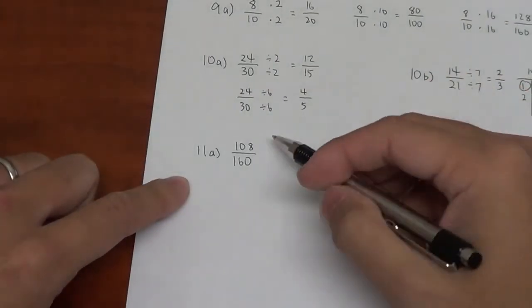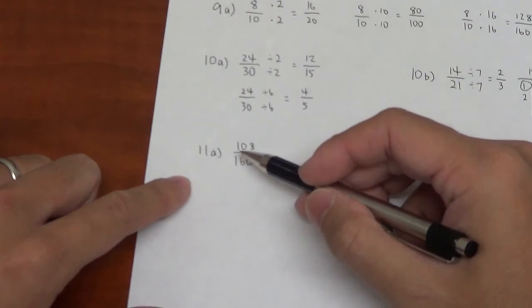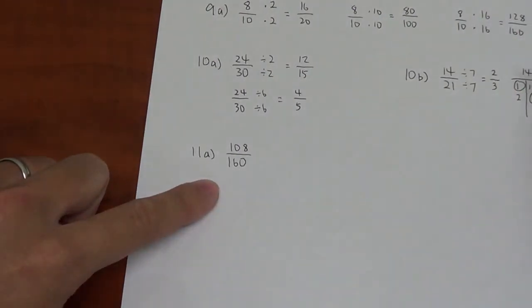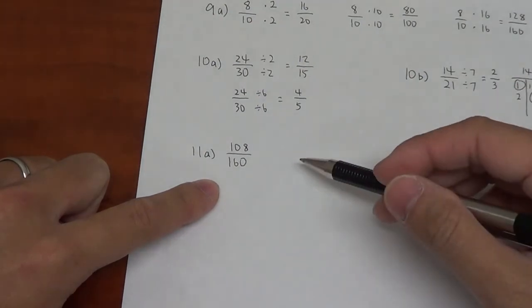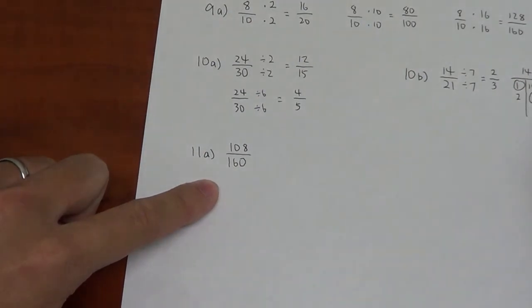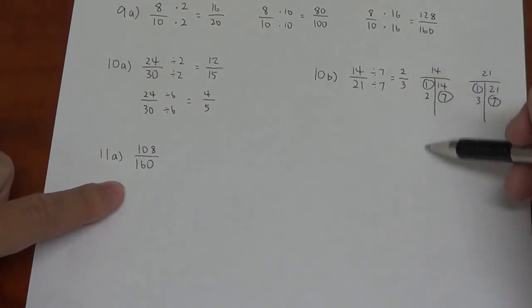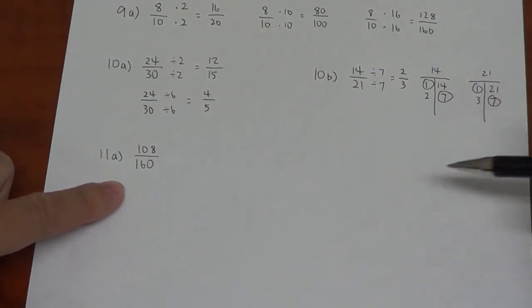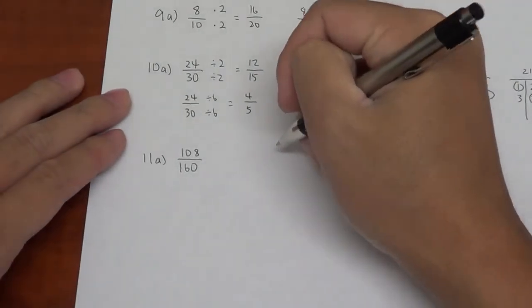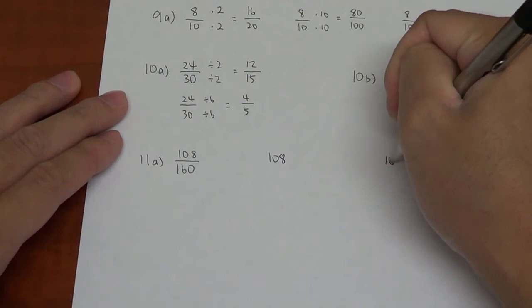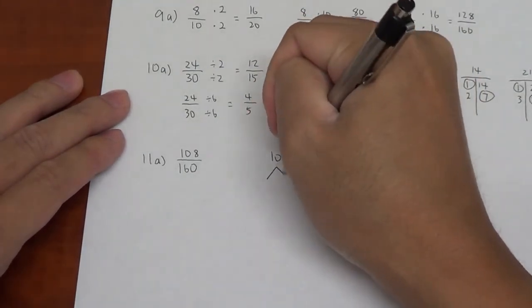So 11, we got a pretty big number, 108 divided by 160, okay? I would probably suggest using the factor tree method instead of the T chart over here, because potentially you could have a long list of factors, right? So that could take some time. So by using the factor tree, I could potentially save time.